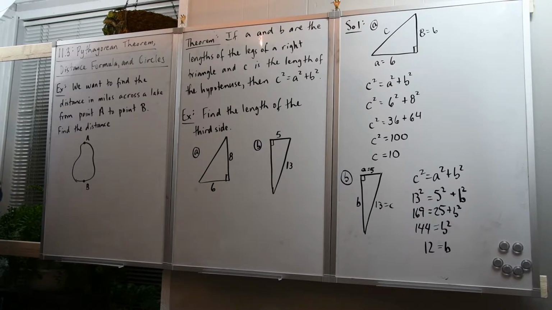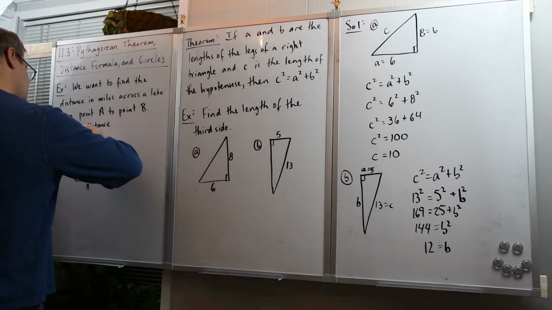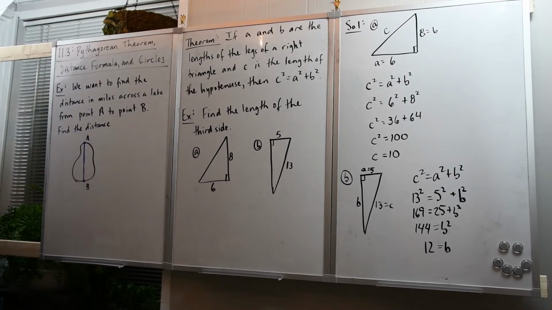Now perhaps we know a little bit more information. So let's take a look at this distance here. That's what we're trying to figure out. So that's the distance we want. But maybe we know that the distance from point B to this location is 4.4 miles.